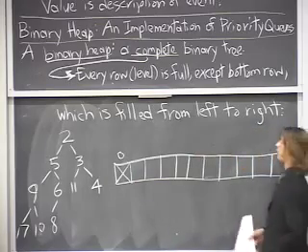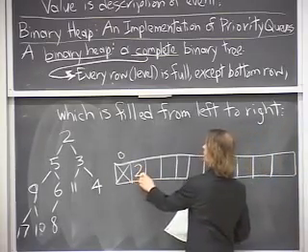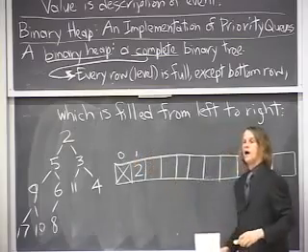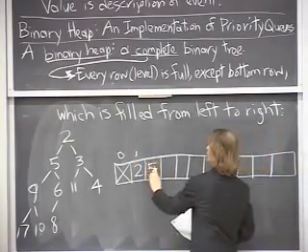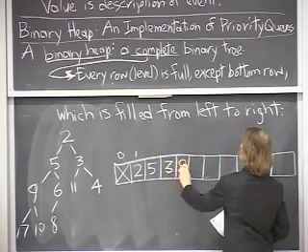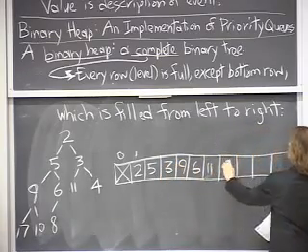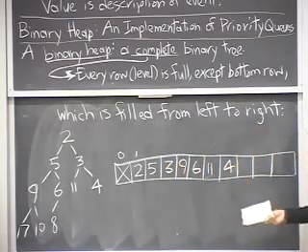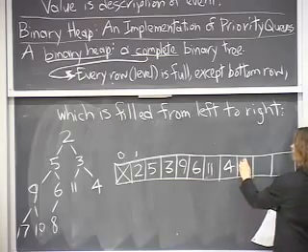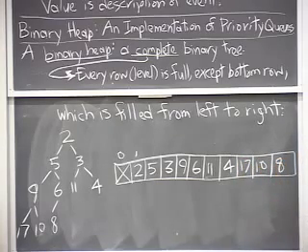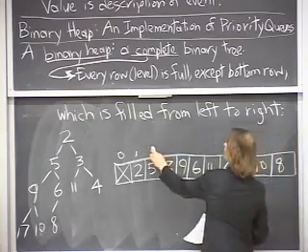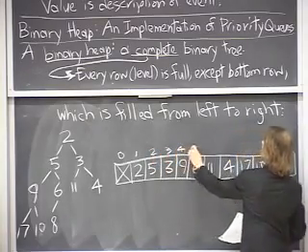But I'm going to put the root in index 1, and the rest of the tree I write out in level order. So here's the first level, here's the second level, and then finally the third level of the tree. So it fills up an array quite nicely.